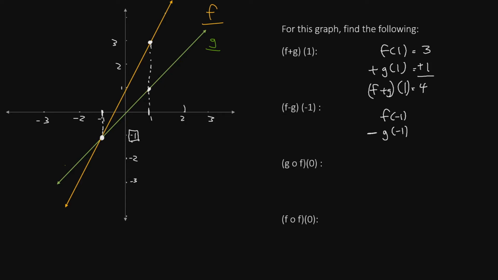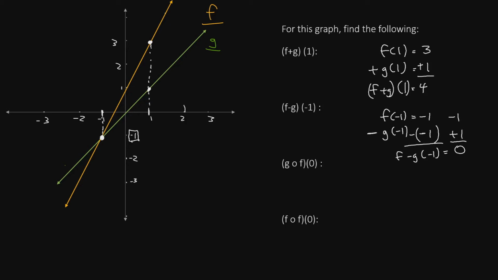So we can say f at -1 is -1. g at -1 is also -1, but now we subtract. We have a double negative here in the second line, so we can treat this as -1 plus 1 instead. This gives us 0, so we can say f minus g at -1 is equal to 0.